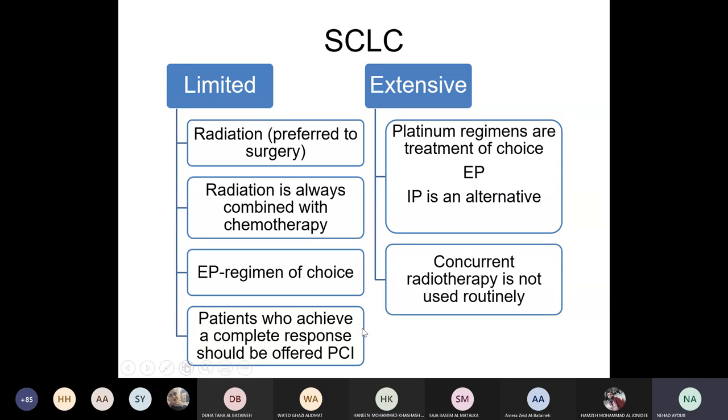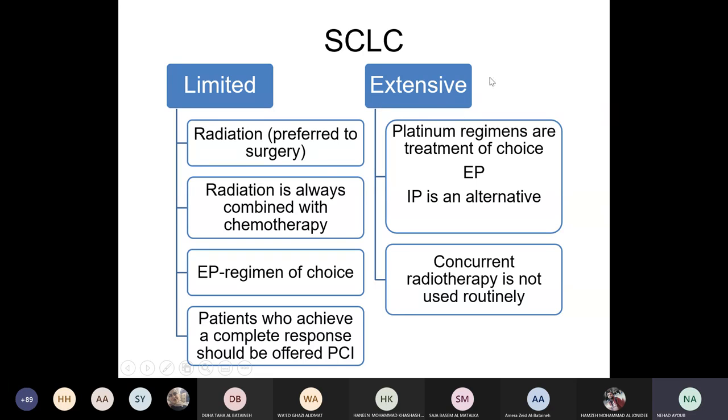So when we give these patients brain irradiation, we improve the chances of survival and decrease the chances of relapse with brain involvement. Because relapse with CNS and brain involvement is usually really aggressive and really bad. So patients with limited disease who respond to chemoradiotherapy are usually offered PCI, cranial irradiation.